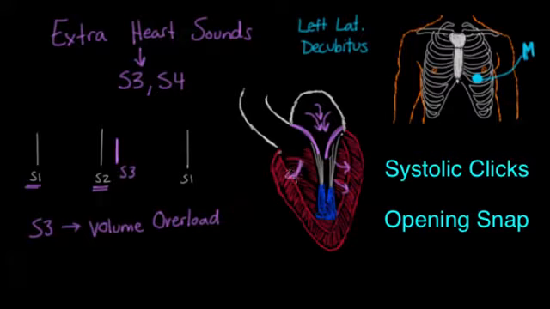And what happens is you get a tensing of these strings or these chordae tendineae here. And that tensing actually causes the S3 sound. So quickly again, it happens in the rapid filling phase of diastole due to the tensing of the chordae tendineae when all that volume fills up the left ventricle.